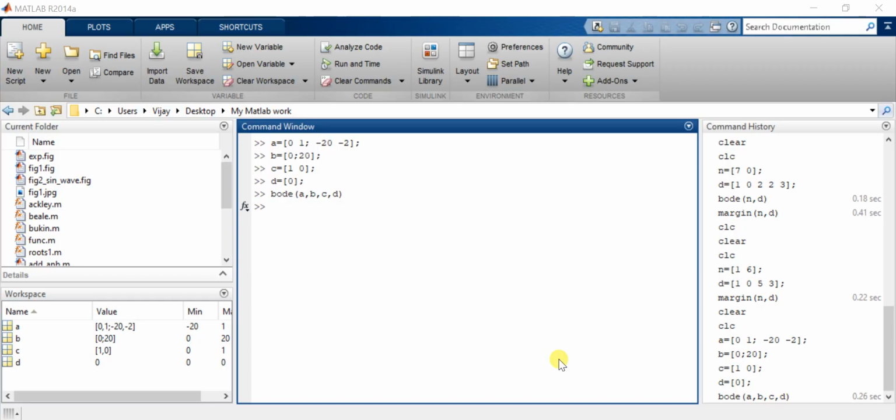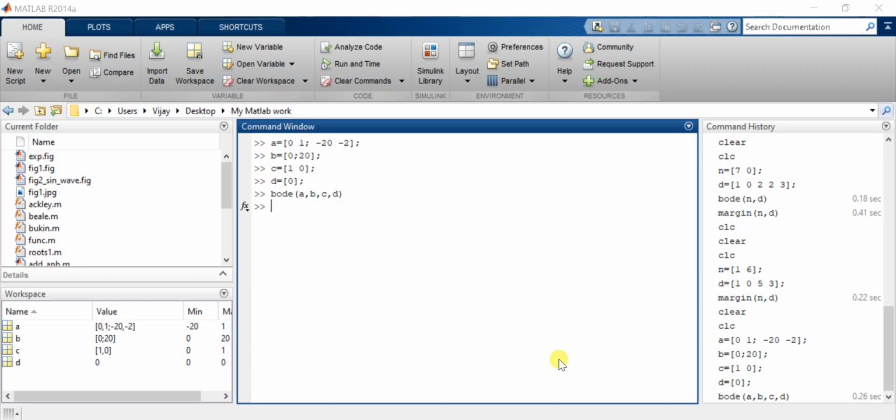Nyquist plot and Nyquist stability criteria is useful for determining the stability of the closed loop system from the open loop frequency response without determining the closed loop poles. The stability of the closed loop system is determined by finding out the number of encirclements around the -1 plus j0 point by the Nyquist contour of the open loop frequency response.